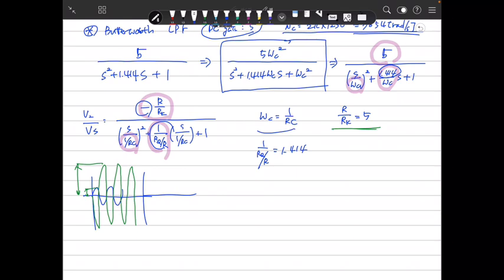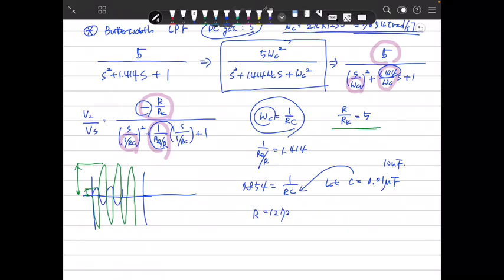So at first we will start at this point. Omega c is 7854, which will be 1 over RC. Let C be 0.01 microfarad, that means 10 nanofarad. Then insert like that. Then R is 12732 ohm.